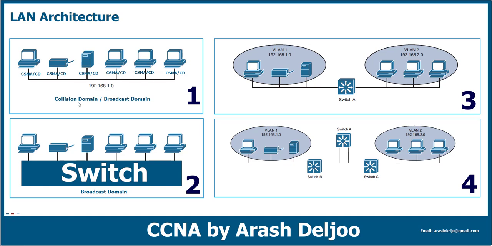How can we create this type of network? You know that this is a legacy network, and we don't create this type of network today, but maybe you heard before that in the old days we had some topologies such as the bus topology. This is the bus topology, the oldest topology of the network, and today we don't use it.